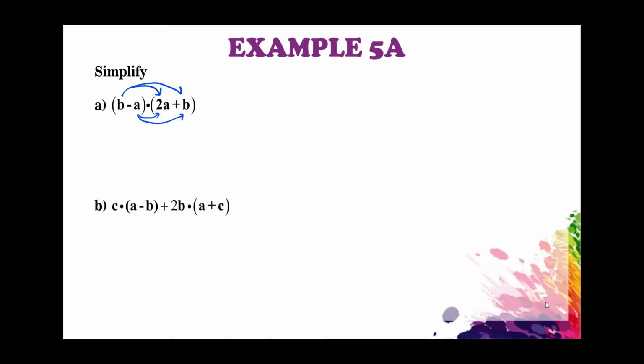So we're gonna have B dot 2A plus B dot B minus A dot 2A minus A dot B. By the property number 1, we can have A dot A equal with magnitude A squared, the same as B dot B will be magnitude of B squared.